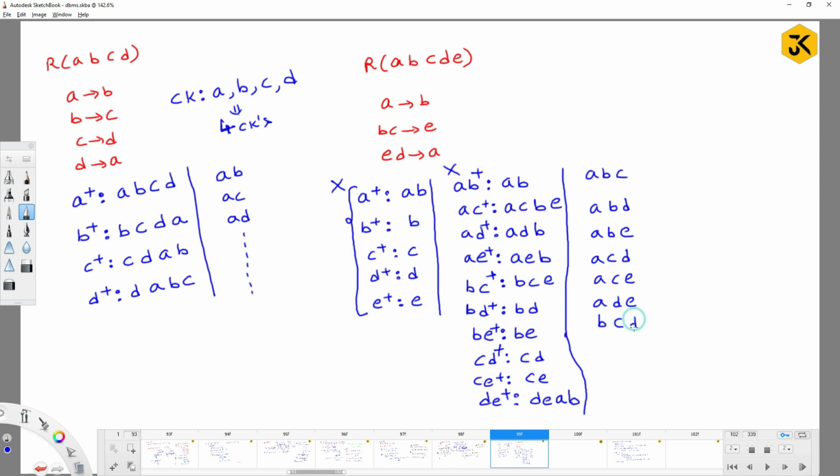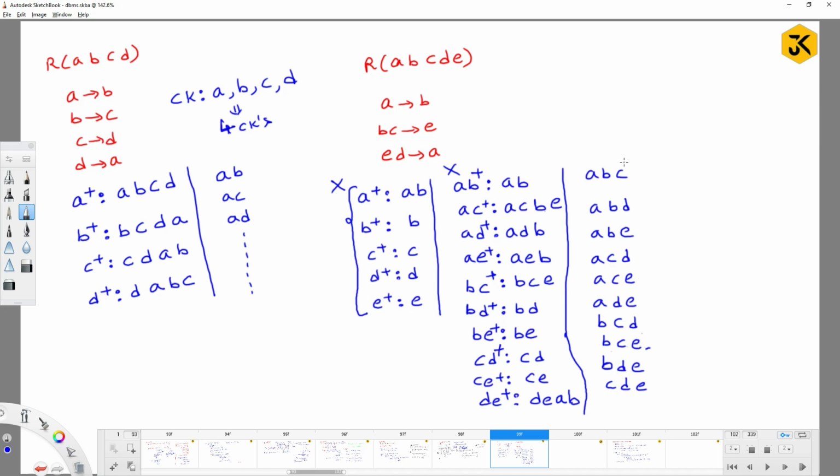BCD, BCE. Inner things C, D, E. BDE, so BCD is there. Okay. BCD, BCE is possible. Similarly, BDE is also possible. CDE is also possible. Right? Yes. So you have to check all those now, if anything is there.